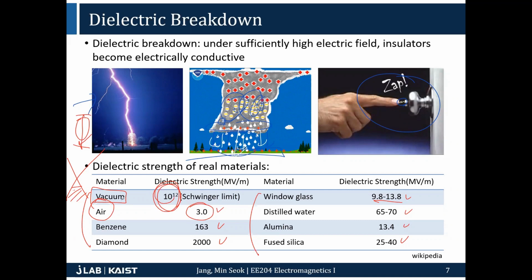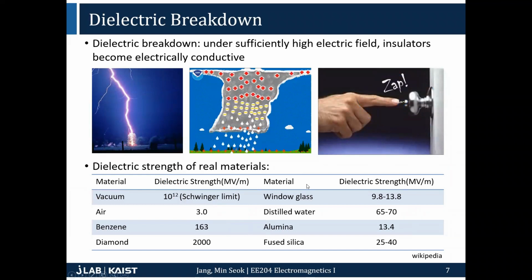So even in a vacuum, if the applied electric field is high enough, this particle-antiparticle separation happens, and then it starts to conduct current. So it's like 10 to the 12, and this only occurs at ridiculously high electric field. So you don't need to worry too much about this in real life.